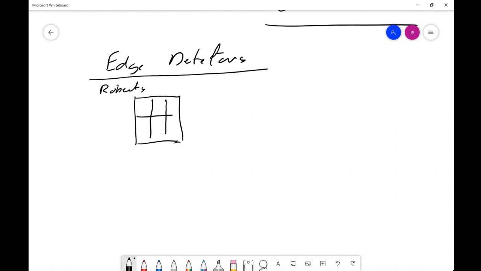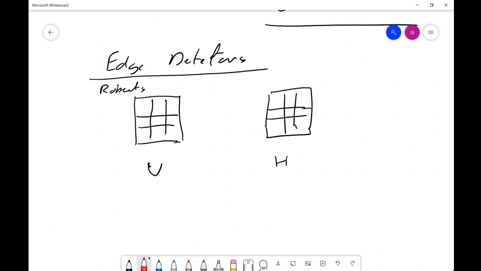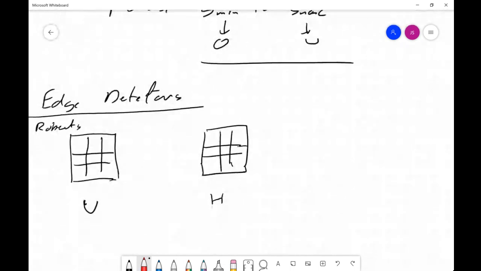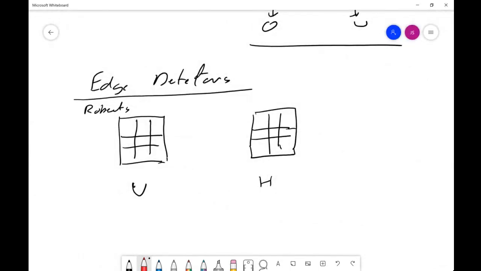I tend to draw them as 3 by 3 windows with zeros in, but some of the papers on the web will just give you a 2 pixel window for them, ignoring my zeros. And this would be H. And the coordinates for the vertical are -1 and +1. All the rest are zeros.